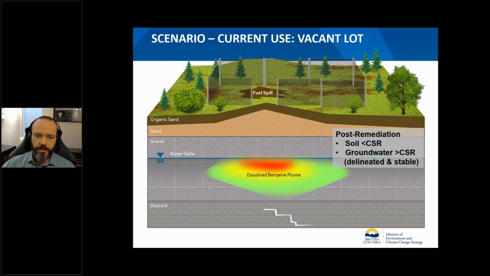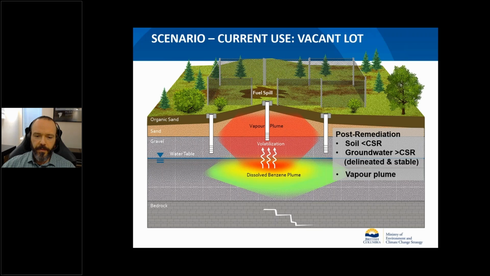Post-remedial investigation concluded that soil contamination was effectively removed, as indicated by concentrations below CSR standards, and groundwater contamination was delineated and stable, with concentrations above CSR standards and below upper cap concentrations, and no non-aqueous phase liquid was present. Volatilization from the dissolved benzene in groundwater resulted in an overlying vapor plume, shown in red.